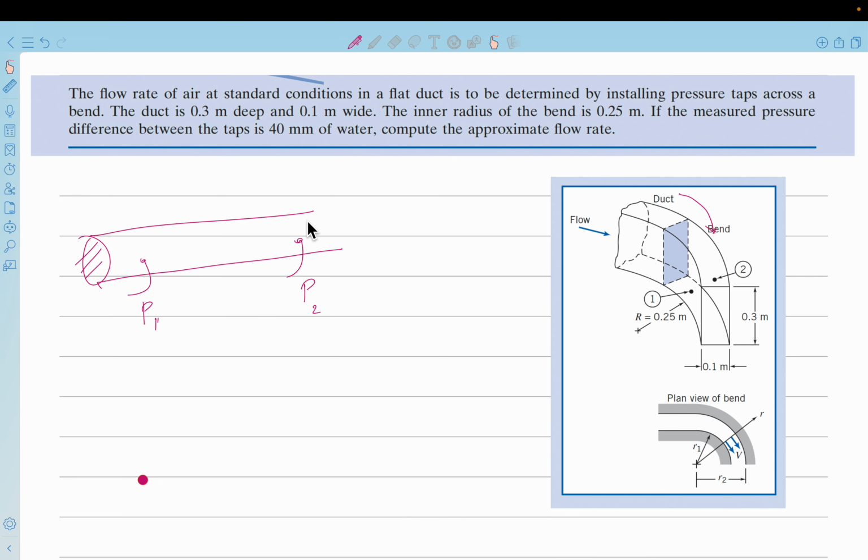Okay. Now the change in the pressure will tell me what is the flow rate. So this is something that is done practically. We measure pressure at two stations, and that helps me determine what is the flow rate through the pipe. So that's what we have to do in this question.